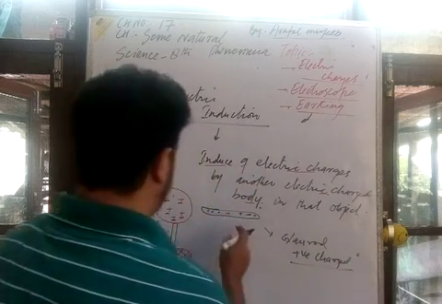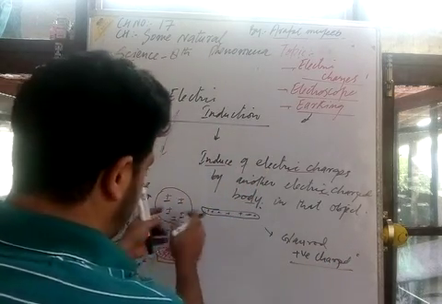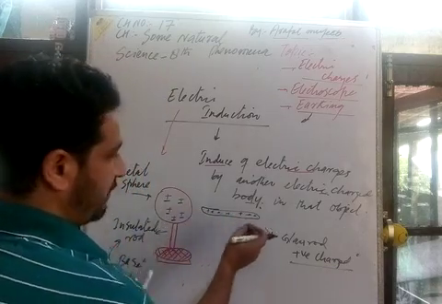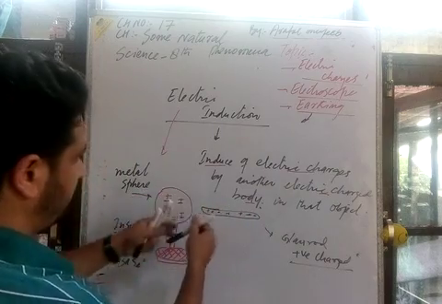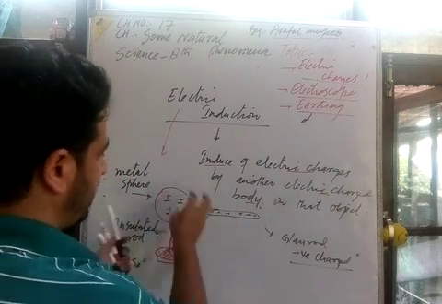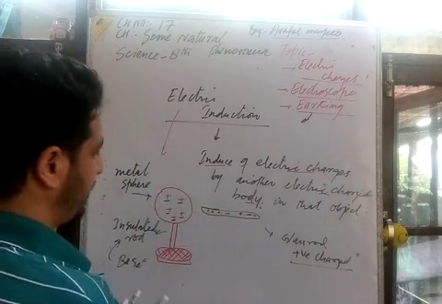When I bring the glass rod close to this metallic sphere, इससे पहले क्या था, combination of positive and negative charge.